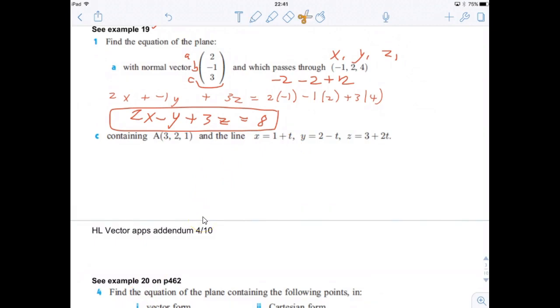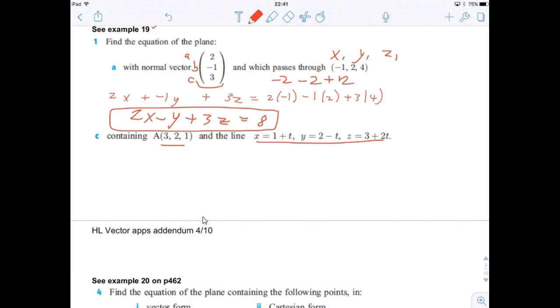It gives me a point in the plane, and it gives me a line in the plane, written in parametric form. So, first thing I'm going to do is see if I can change these two pieces of information into two lines that are both in the plane.